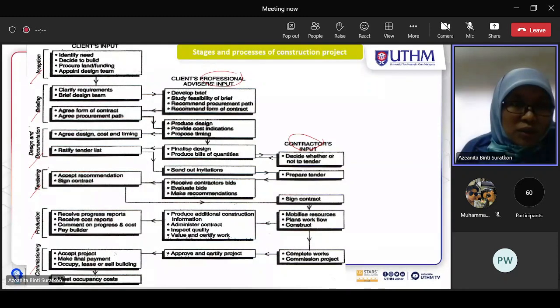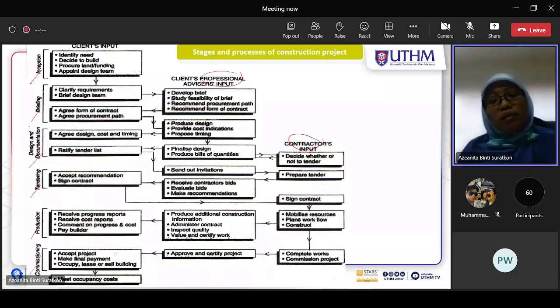So here actually we can see inception and briefing. So this is actually inception and feasibility. Design and implementation are considered part of design, and then tendering and production is actually the construction. Commissioning is also construction, and then we have the handover after this.